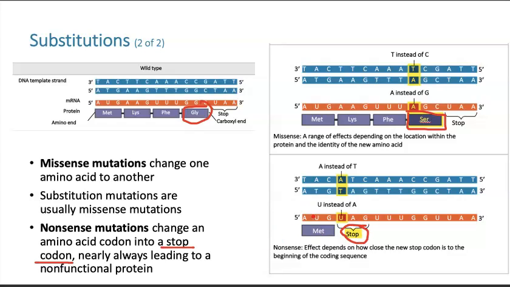So when the amino acids are coming in, the tRNA reads a stop, and that's the end of the making of the protein. That can be a very damaging thing. It almost always leads to a non-functional protein, because the protein is much shorter than it ought to be.